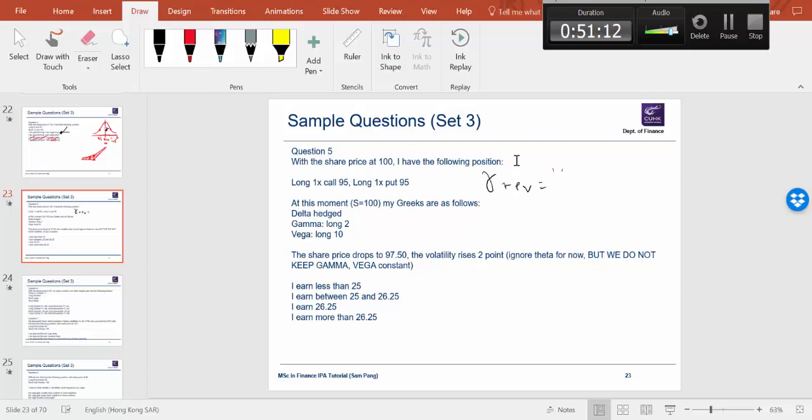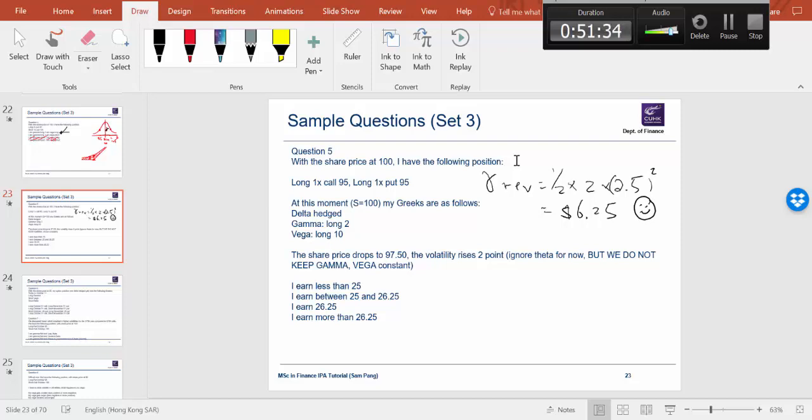It's going to be a half times 2, that's the gamma, times the square of 2.5, and that is actually $6.25. Now you get to keep that.